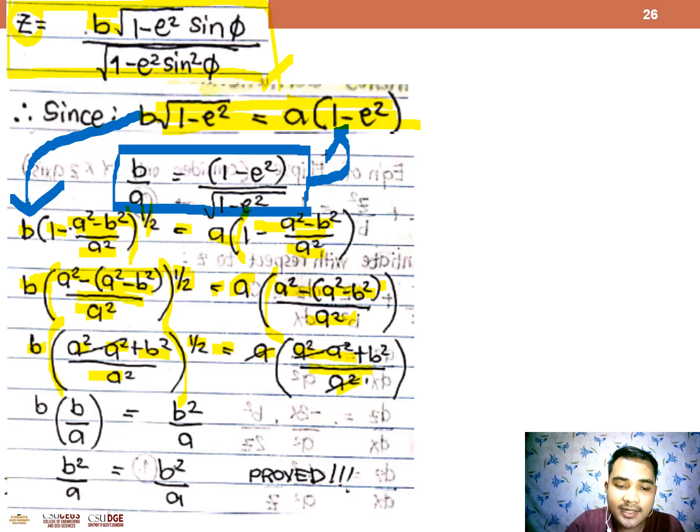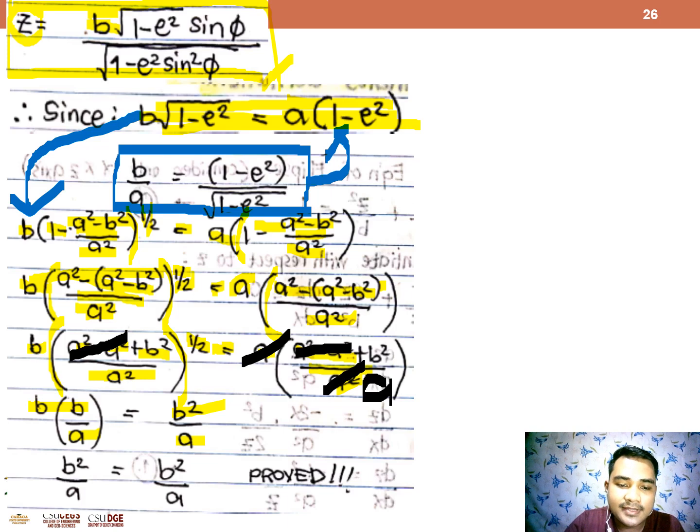Since a squared minus a squared cancels, and a on the right side cancels with part of the denominator, which is a squared, only a remains in the denominator. What remains is b times b over a. Since the numerator is raised to 1/2 and the denominator is squared, the exponents cancel. So b times b over a is equal to, on the other side, what remains is b squared over a. Therefore they are equal: b squared of 1 minus e squared is equal to a times 1 minus e squared.